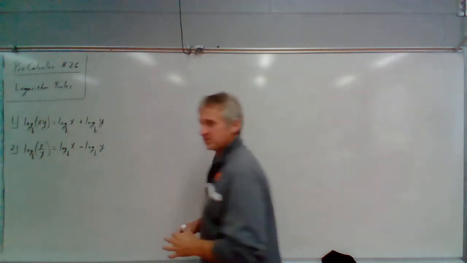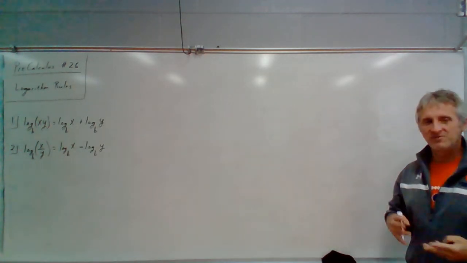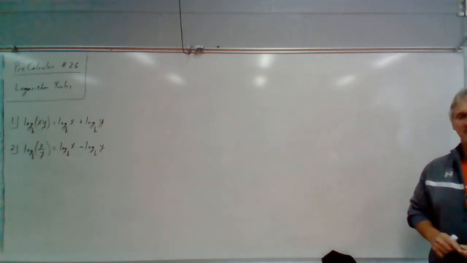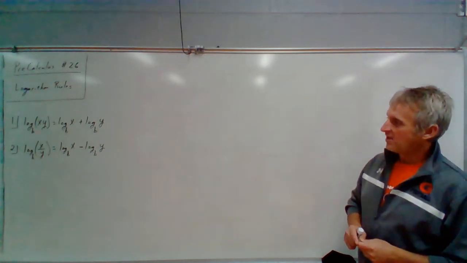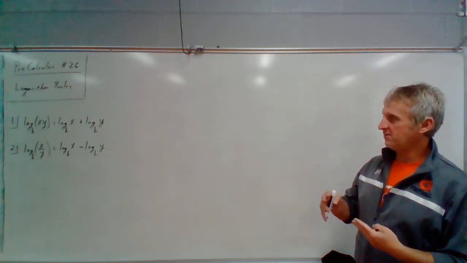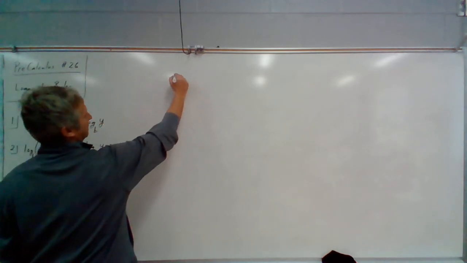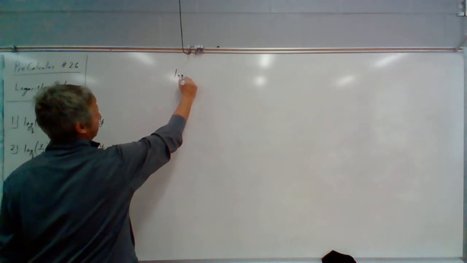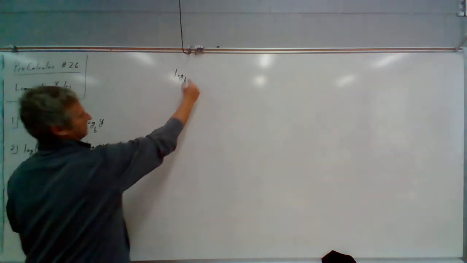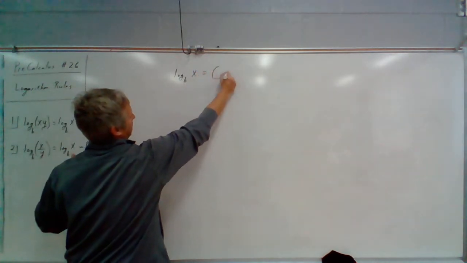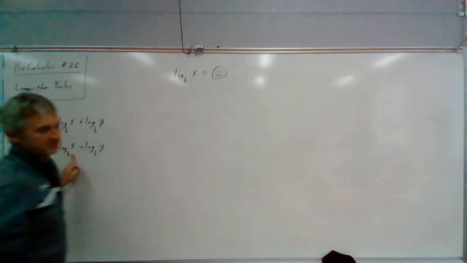Alright, so hopefully you were successful with that, and maybe you saw that it was really a lot of fun. It was really neat to prove that. So the first step, we're going to give each of these terms a name. Log base b of x, I'm going to call that smiley.